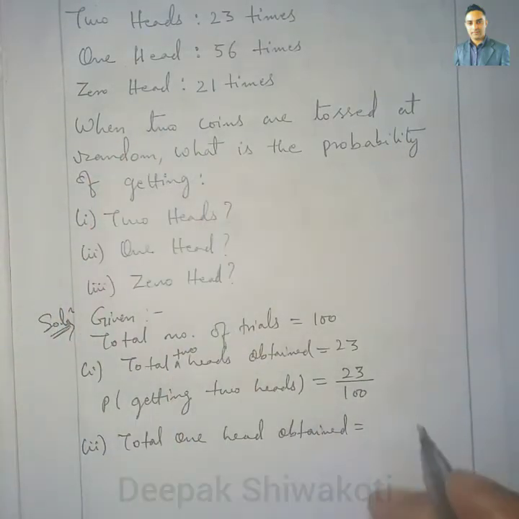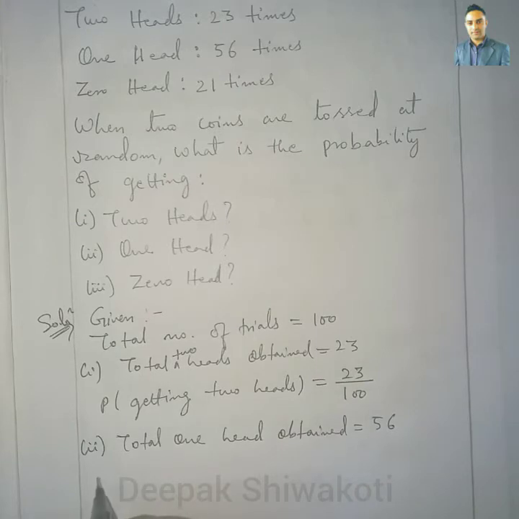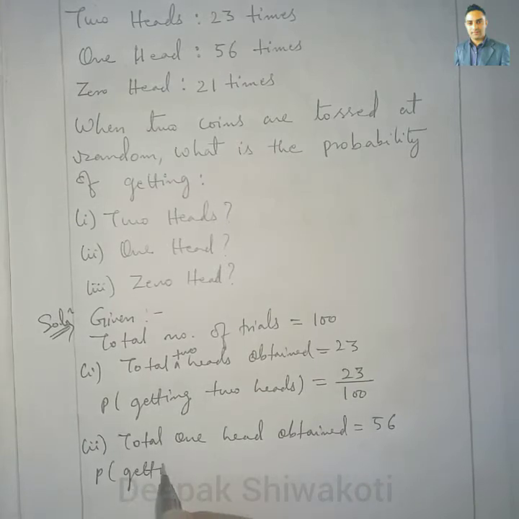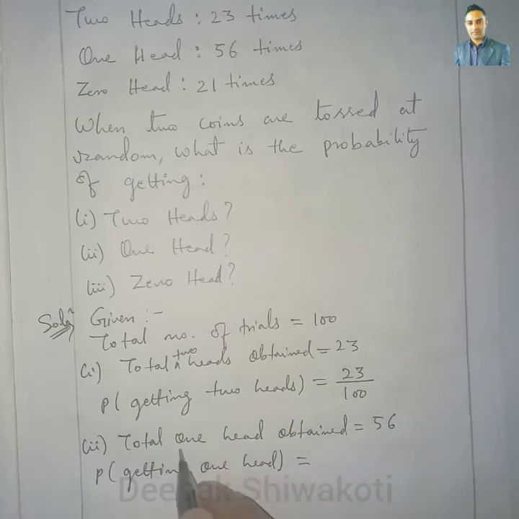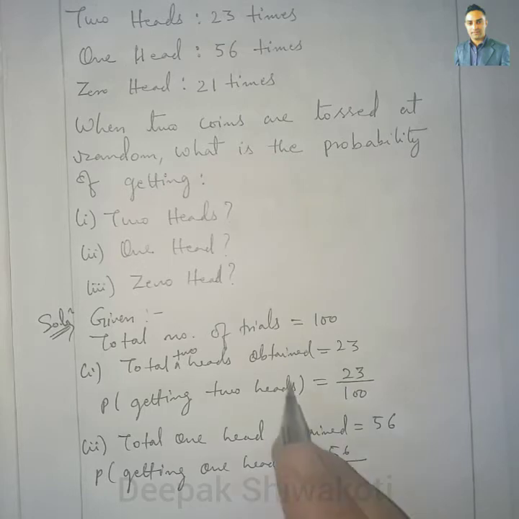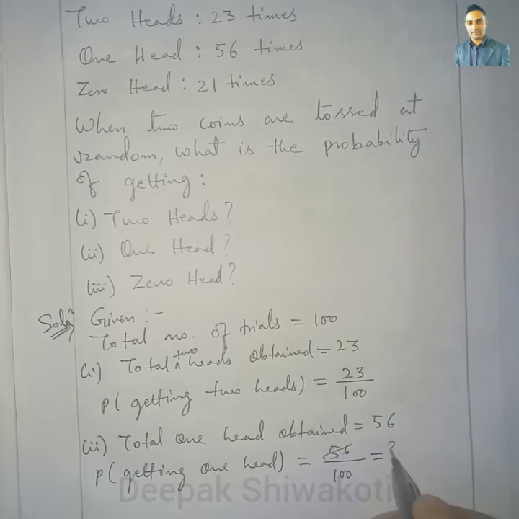So here 56, and probability of getting 1 head is given by total number of 1 head obtained, that is 56, and total number of trials, that is 100. This can be cancelled by 2. Again it can be cancelled by 2 only. So probability is 14 by 25.